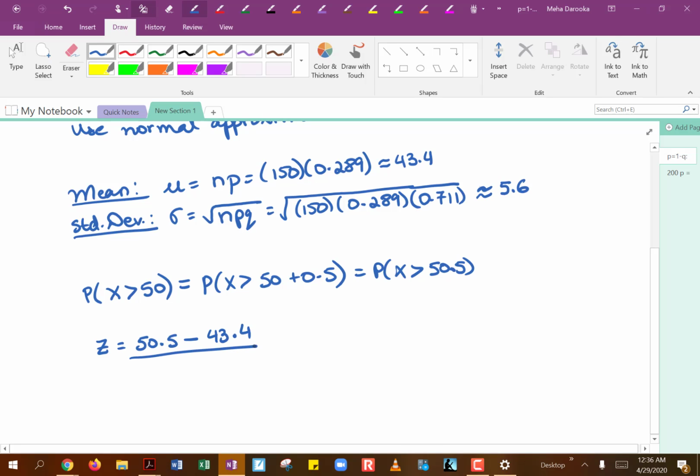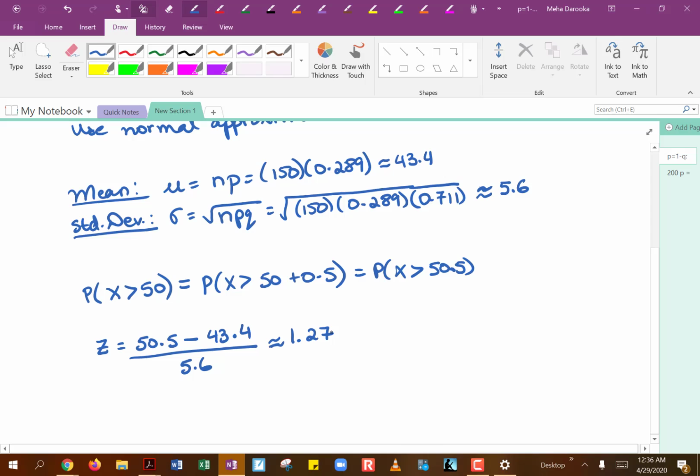So 50.5 minus 43.4 divided by 5.6, and rounding this to 2 decimal places, we will have 1.27 as our z-score.